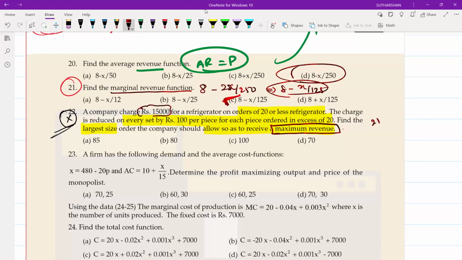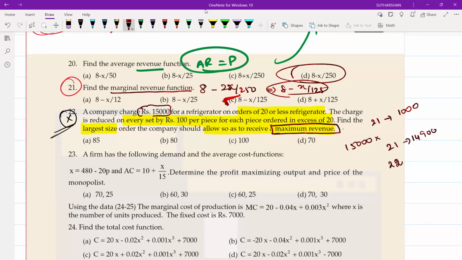For example, if I order 21, it will be 15,000 into the number of orders. From that, 100 is going to be subtracted. For the 21st unit, it is going to be only 14,900. For one product, 100 rupees is gone.